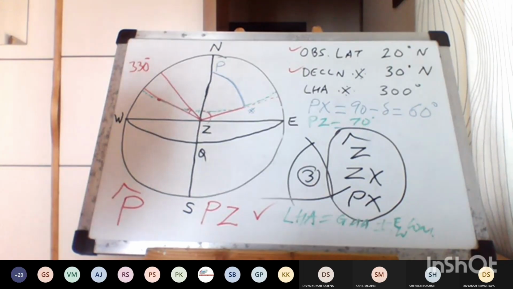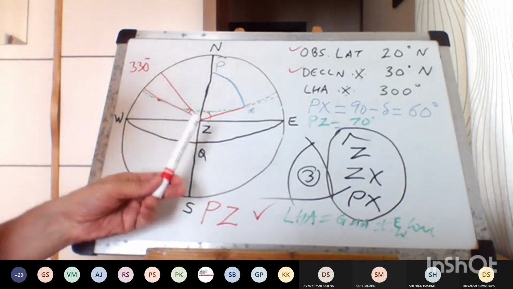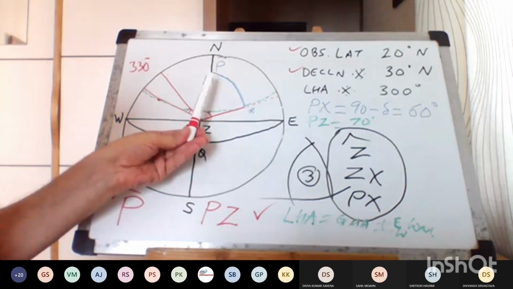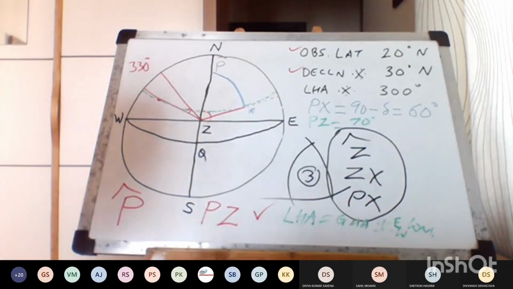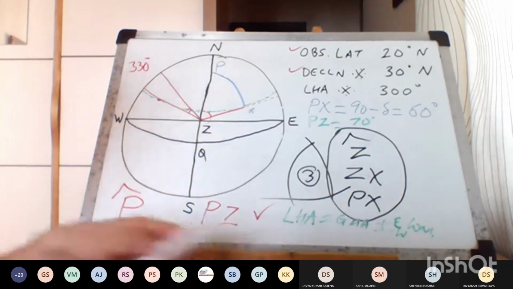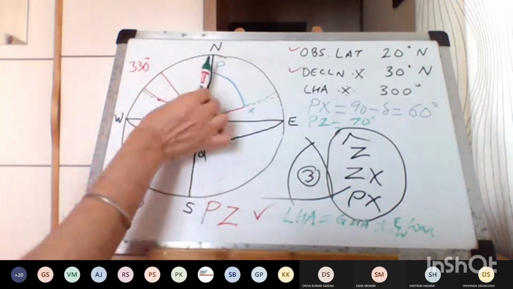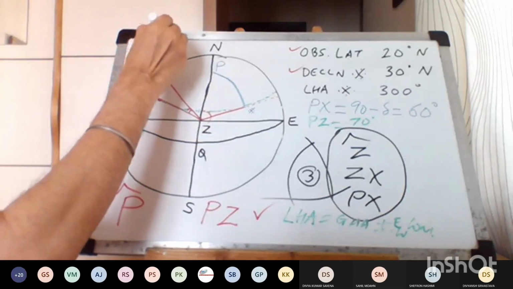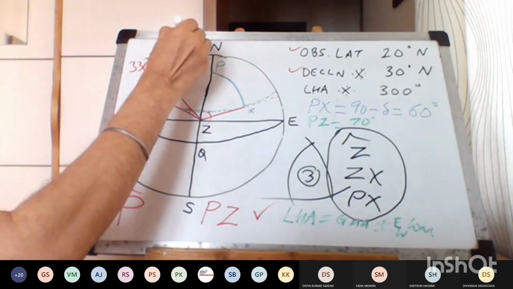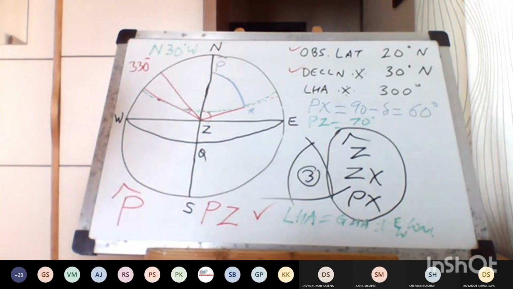That's the bearing. But when we are talking of azimuth, how did I define the azimuth? The angle at the zenith between the meridian of the observer and the vertical circle passing. So when we do ABC tables or we do naming of the azimuth and other calculations, we would say the azimuth is north 30 west. Yes?